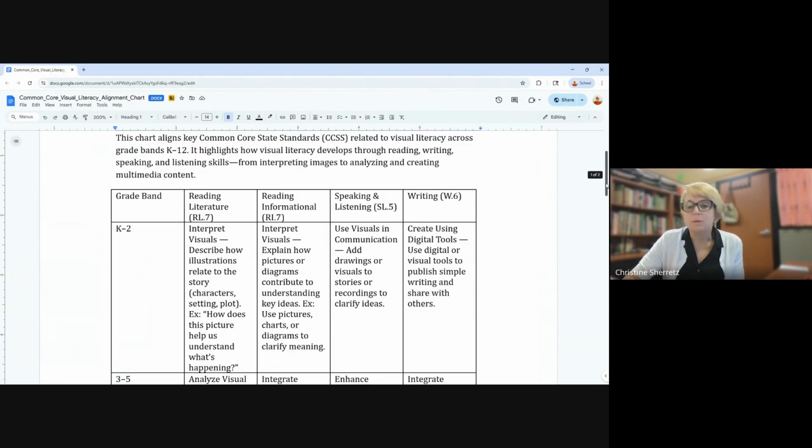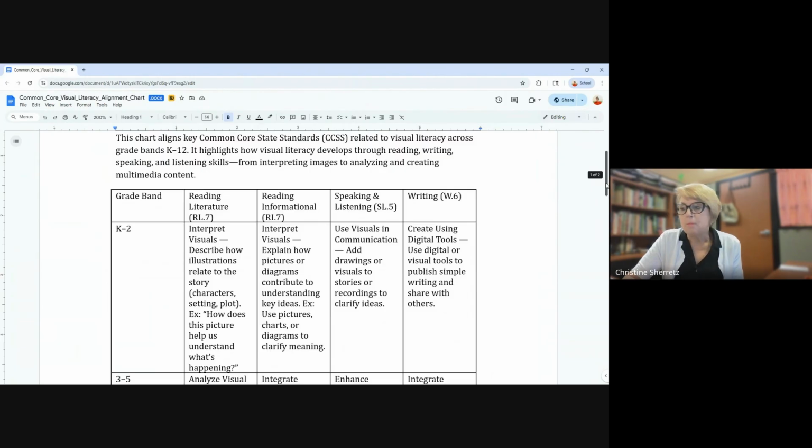How does the picture help us understand what's happening in literary text? So it's pretty simple at that age, but how do the pictures contribute to the story? For reading information, students need to be able to explain how pictures and diagrams contribute to the understanding. So you're going to teach them how to look at pictures, charts, and diagrams, and so forth.